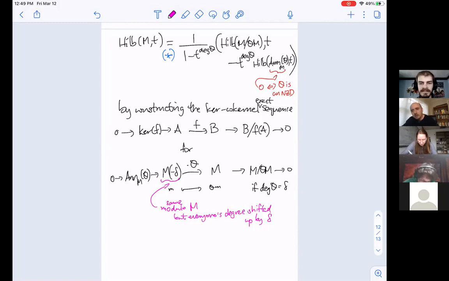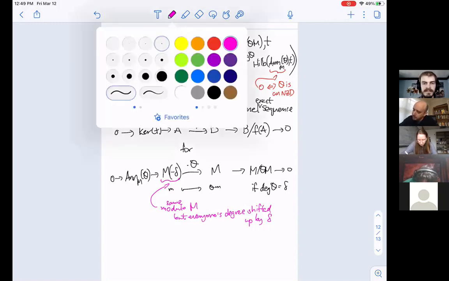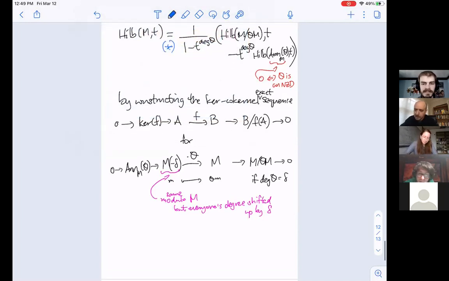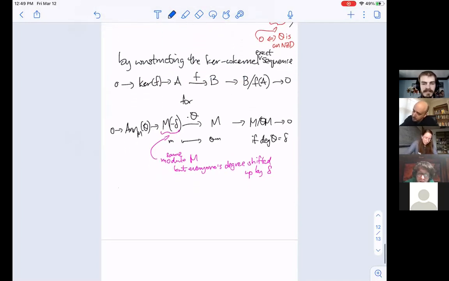Now what's the point? When you have an exact sequence of vector spaces, exercise, and this is an exercise definitely I'm not going to put on your homework, this is just like homological algebra 101.